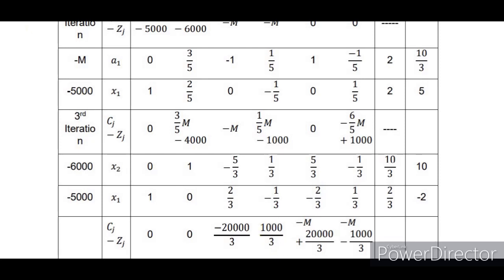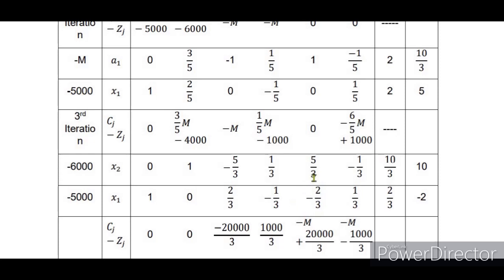Okay? So next, under the a sub 1 column, negative 6,000 times 5 thirds is equal to negative 10,000. Negative 5,000 times negative 2 thirds is equal to positive 10,000 over 3.